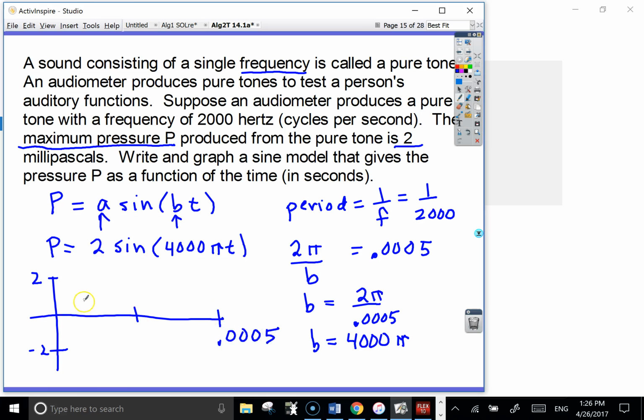So it starts at 0, goes to its maximum, goes back to 0, goes to its minimum, goes back to 0. If you left the scale the way we had it before, it would be going through one complete wave in only 0.0005.